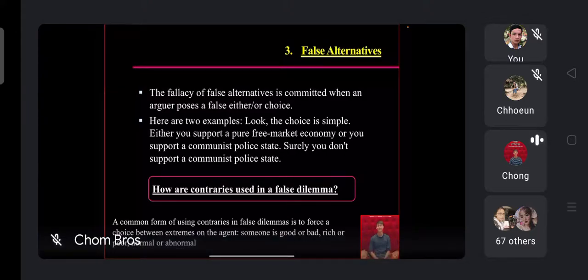False dilemmas are common. A false dilemma is a false choice between extremes, such as someone being good or bad, rich or poor, normal or abnormal.